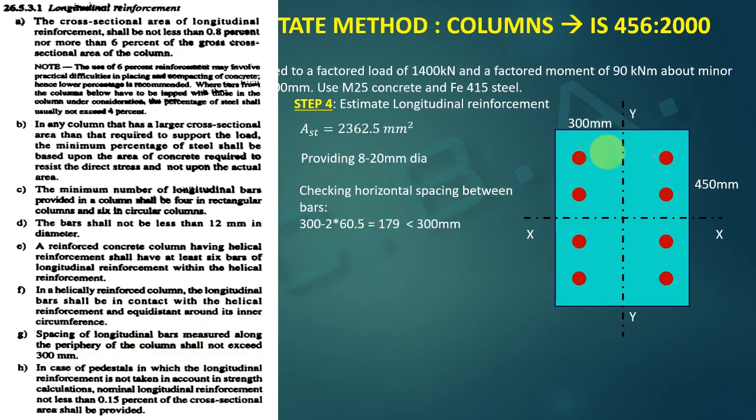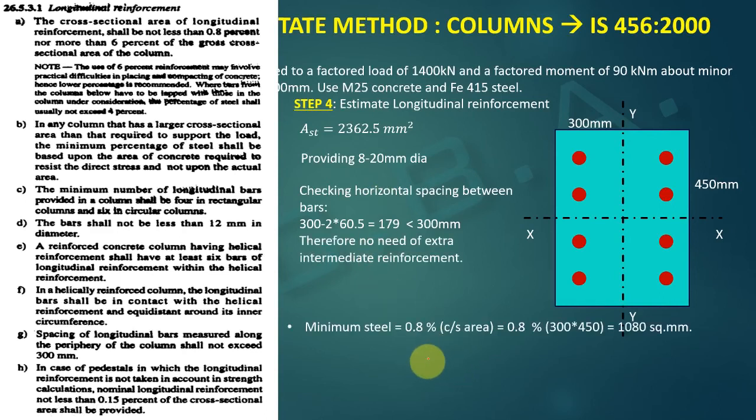So here definitely it will not exceed 300, because 300 minus 2 into 60.5, this is the D dash, let us say, which is 60.5. This will give me 179 mm of spacing in between, so it is definitely less than 300. Therefore we do not have to provide any other reinforcement in between. This is just a normal check that you have to do.